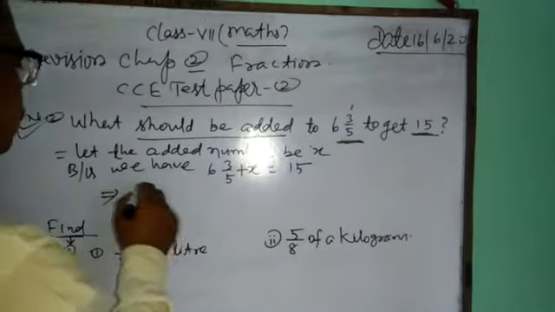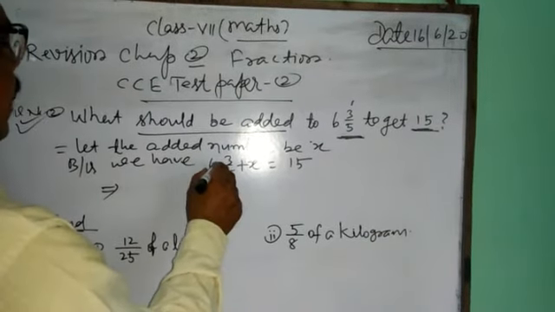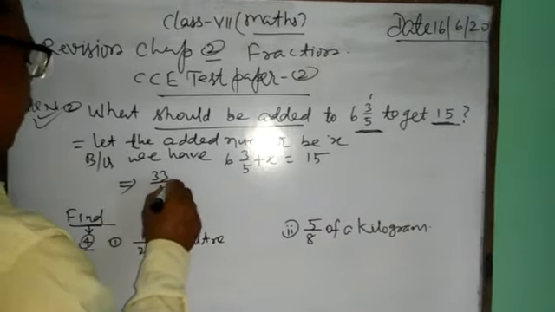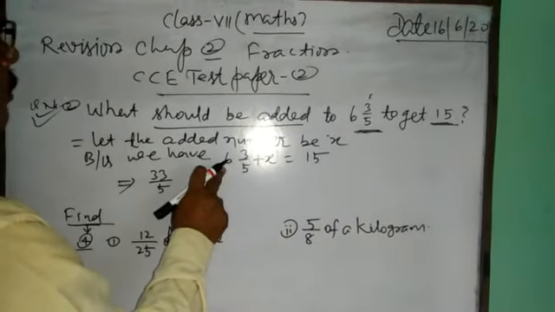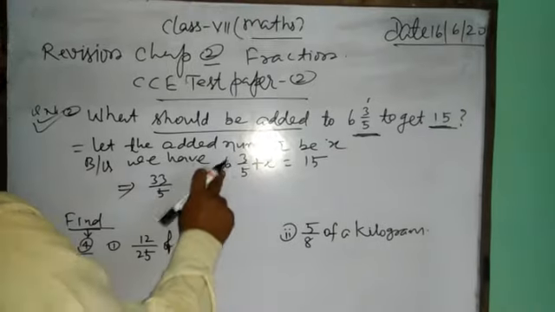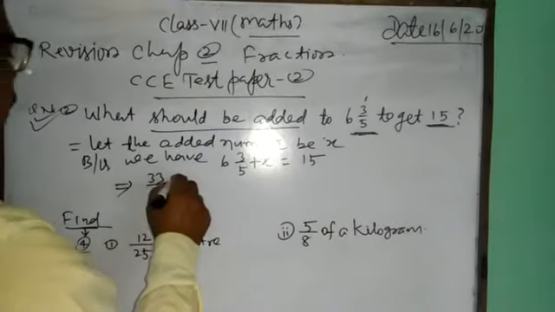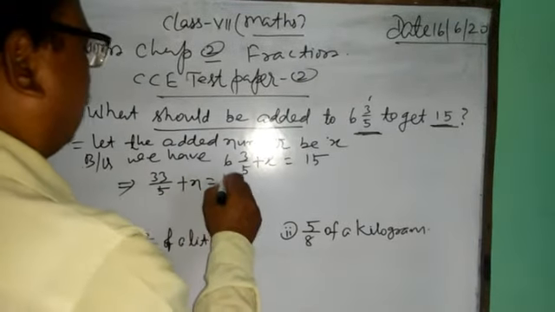6 whole 3/5 is equal to (6 times 5 is 30, plus 3) 33 by 5. So 33 by 5 plus x is equal to 15.